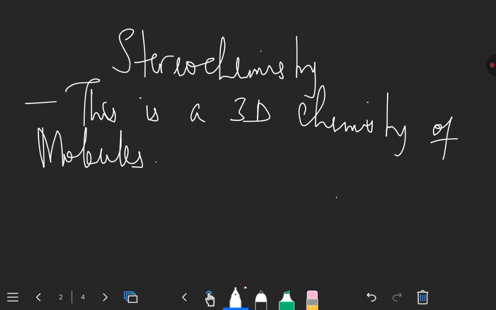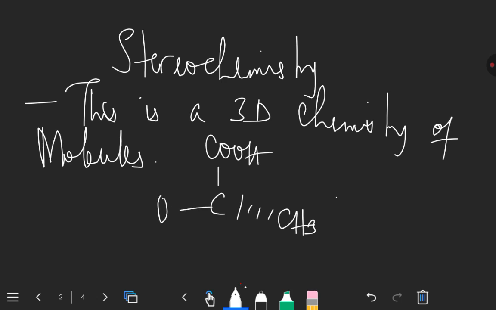Alright, so let's now look at the structure of a certain acid like lactic acid. So we can have a methyl this side, then we have COOH, then we have OH, then we have hydrogen.